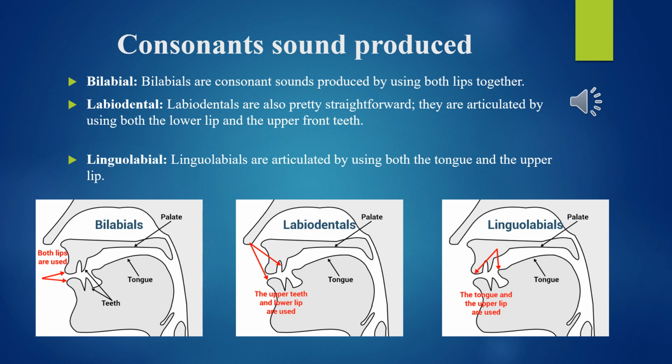They are articulated by using both the lower lip and the upper front teeth. Image 2. Linguolabials are articulated by using both the tongue and the upper lip. Image 3. It's very important to mention this because this is where consonant sounds are produced.